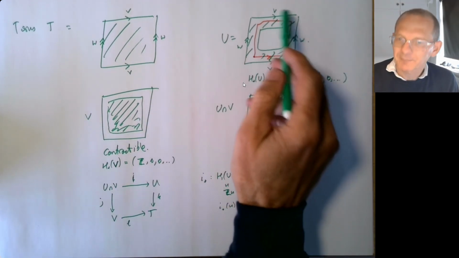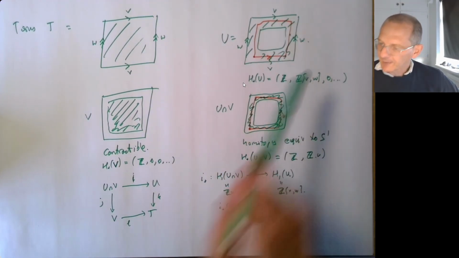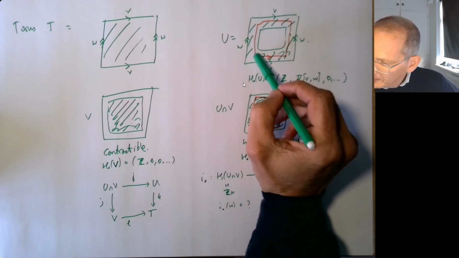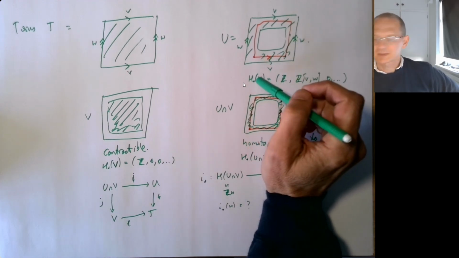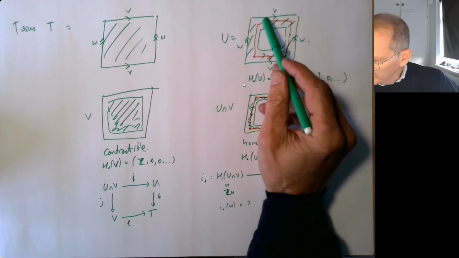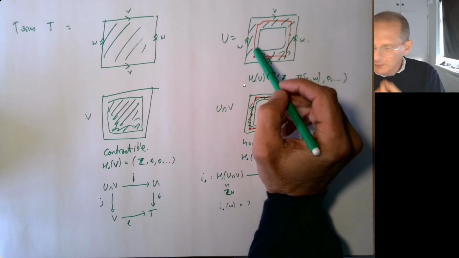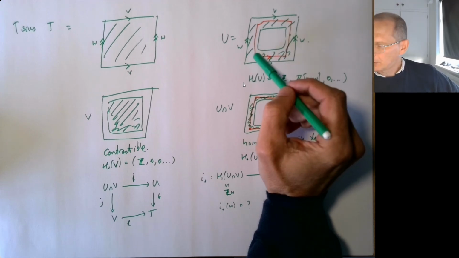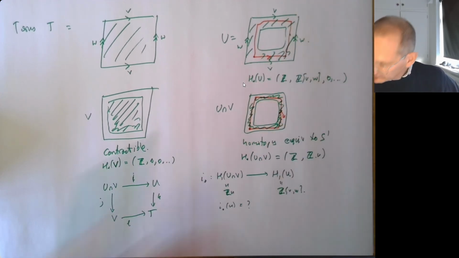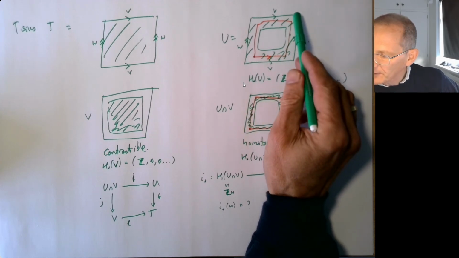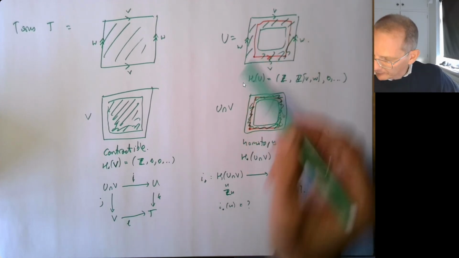Okay, so this is what's happening in our space U, and we've got our little u running all the way around the edge like this. And the homology class of little u is not going to change if we distort it slightly, whilst keeping it as a closed loop. And so we can push it out onto the boundary of this square. As we push down to the boundary of the square, we cover this V, then the W, then V backwards, then W backwards.